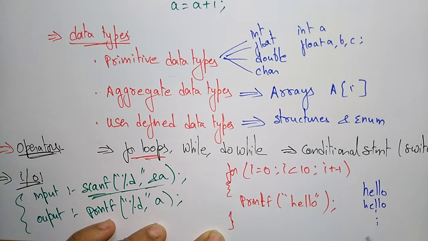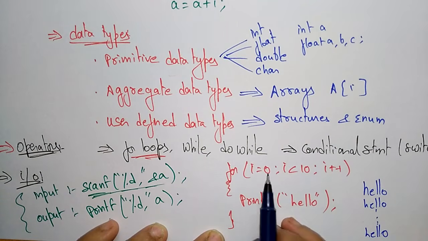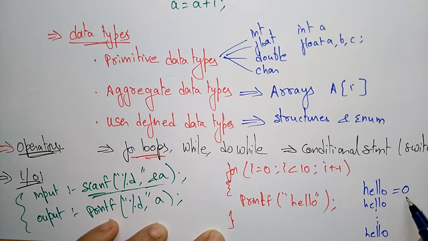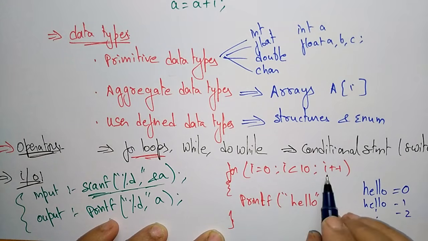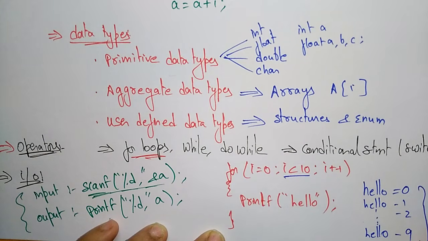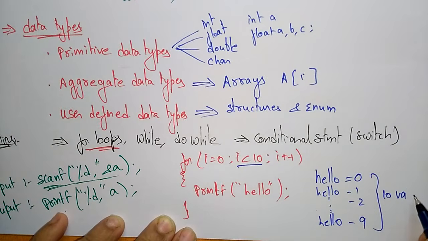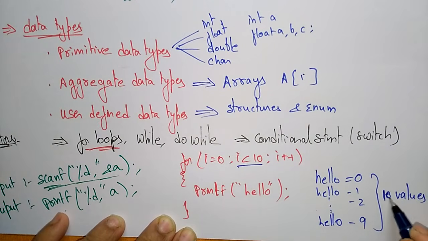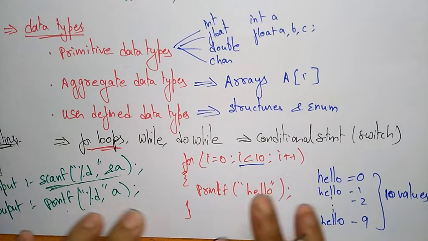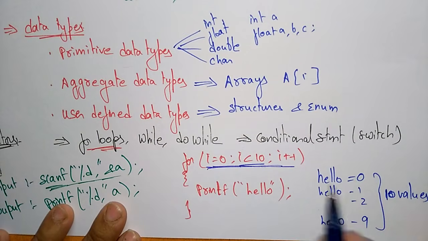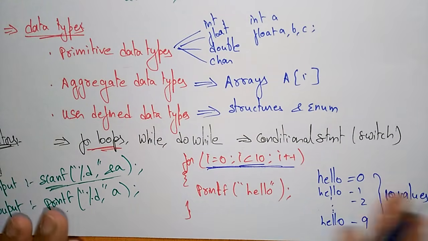Because i is equal to 0, it starts from 0 and increments every time. It increments up to i less than 10, meaning up to 9. Total 10 values. Total 10 hellos will be printed on the screen. So this is the way you write the for loop statement.